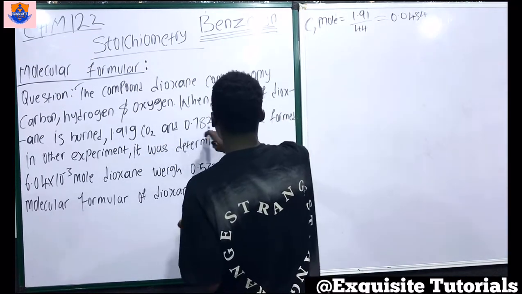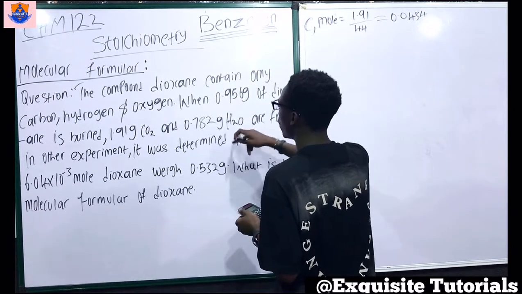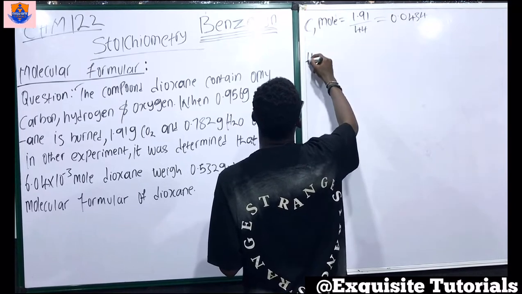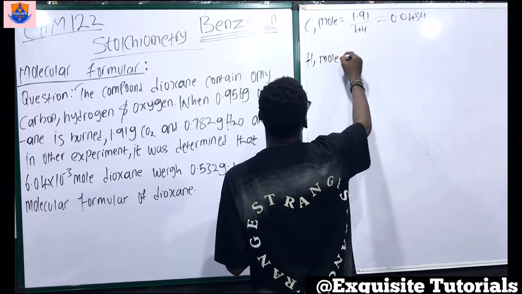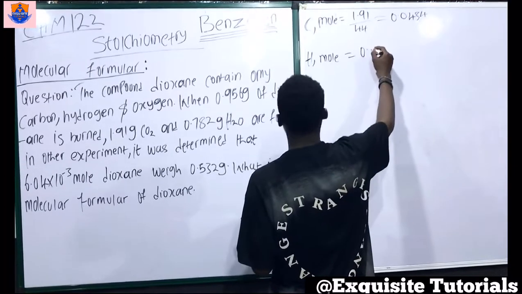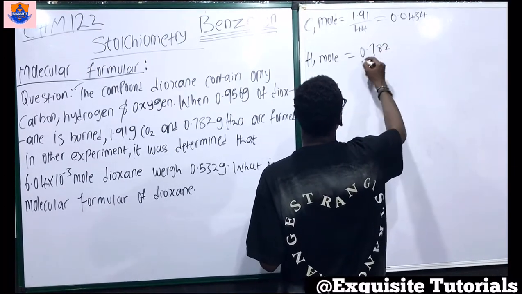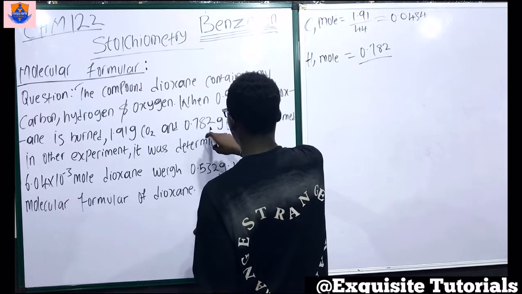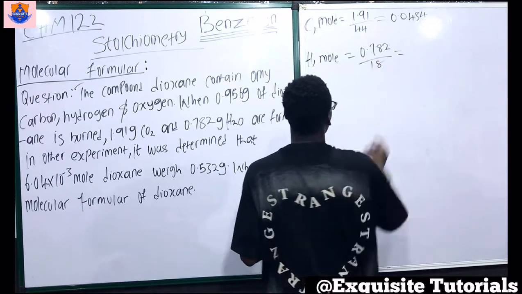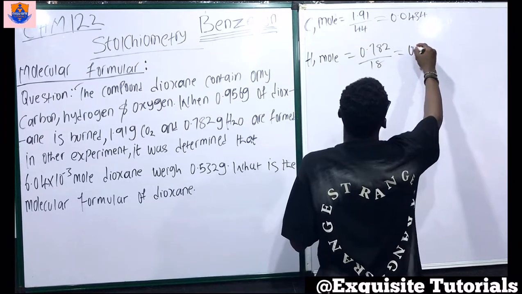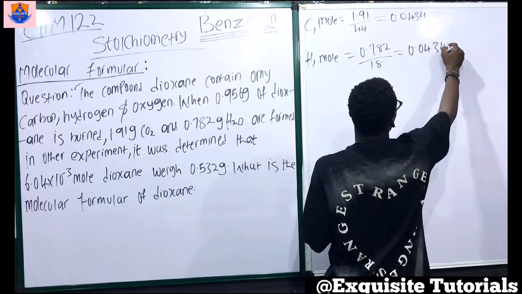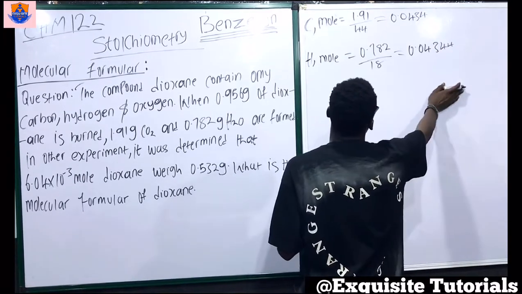So for hydrogen here we have the mole: 0.782 over the molar mass of water, which is 18. Then we have approximately 0.04344.